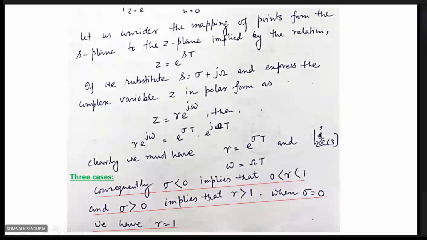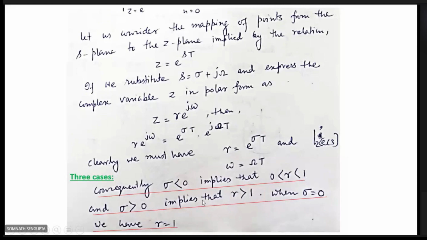So there are three cases of sigma. Sigma less than 0 means e to the power some negative value, that is 1 by e to the power something, which is less than 1. So sigma less than 0 corresponds to the left half S plane, and sigma greater than 0 corresponds to the right half S plane.